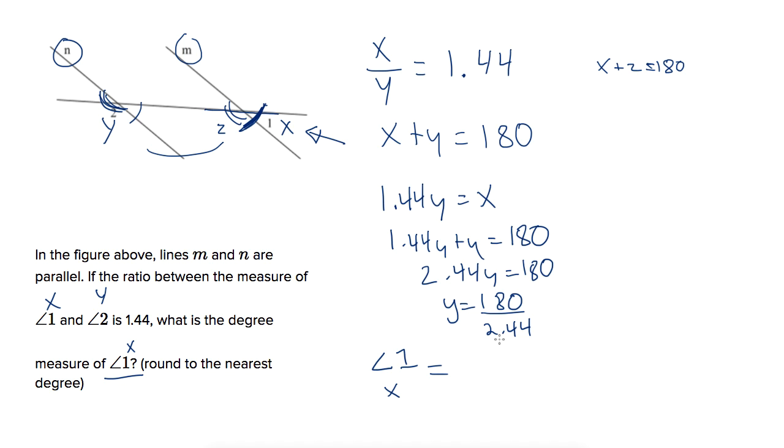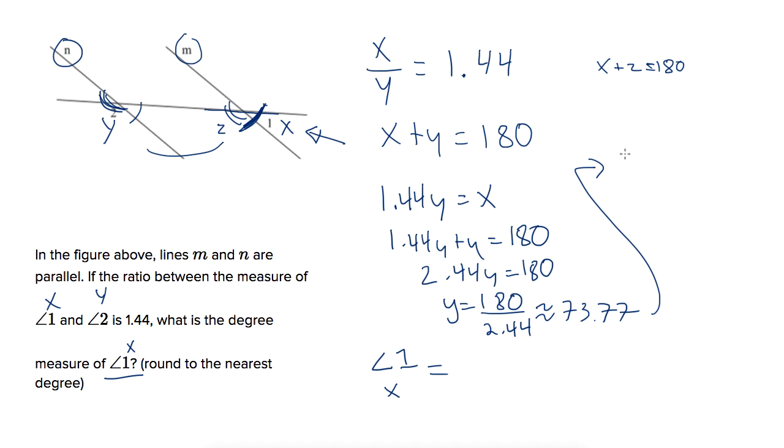I could solve that on a calculator, right? I could do 180 divided by 2.44, and I get about 73.8, or 73.77. Or what I could do is just substitute that back in because I'm solving for X.